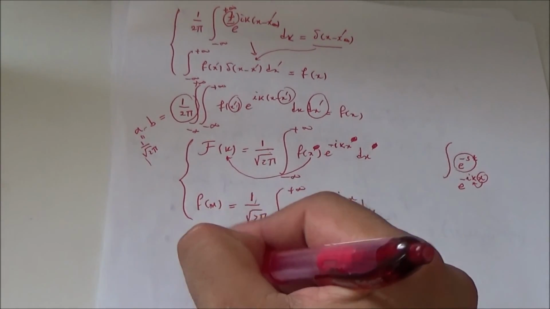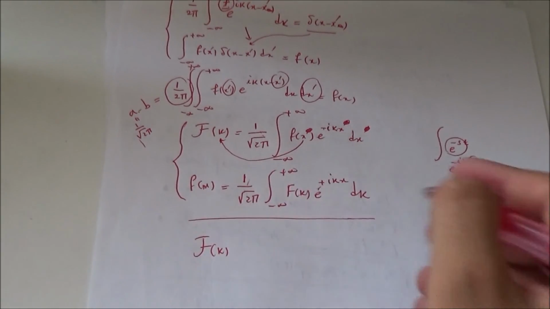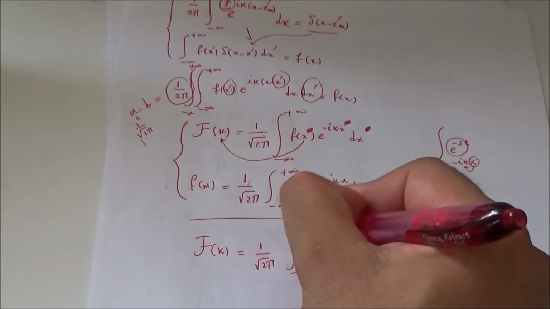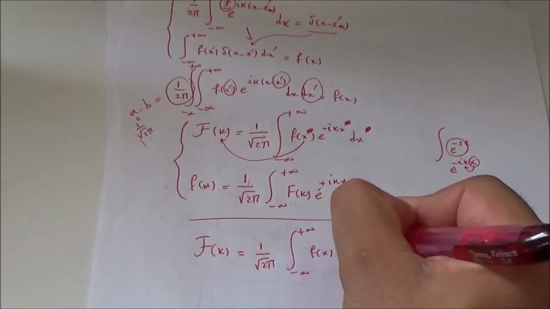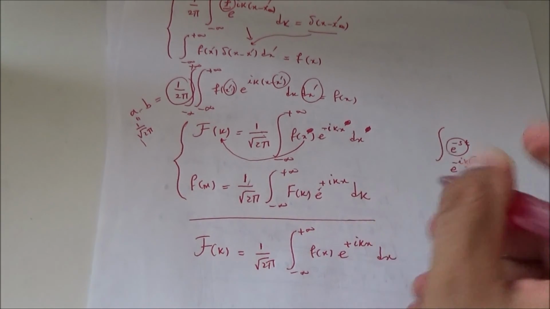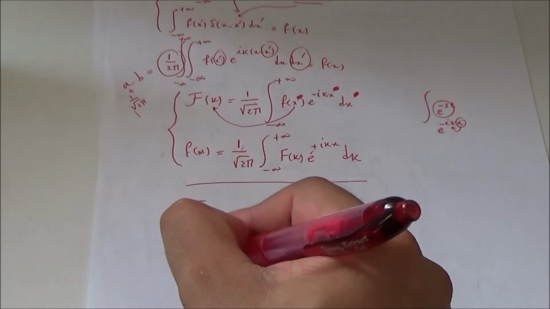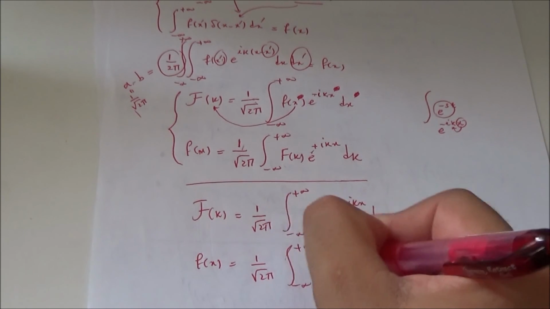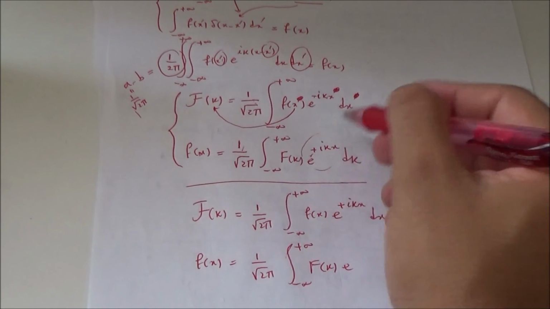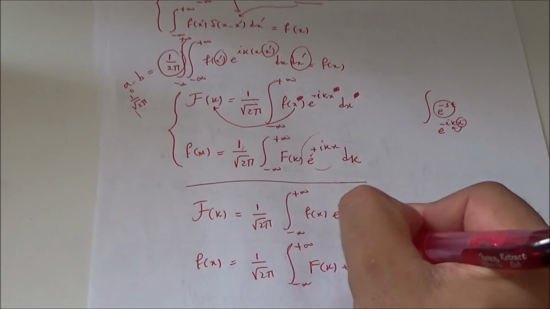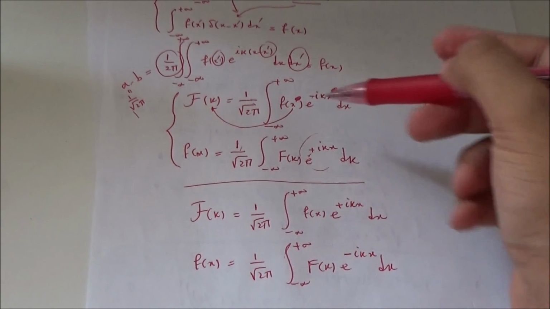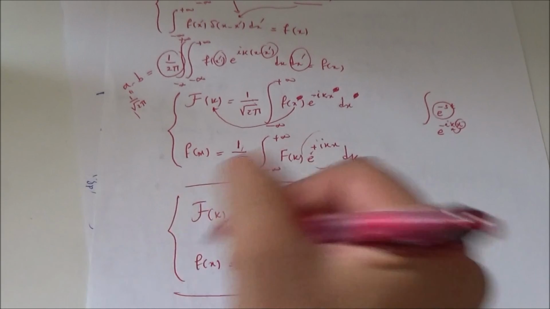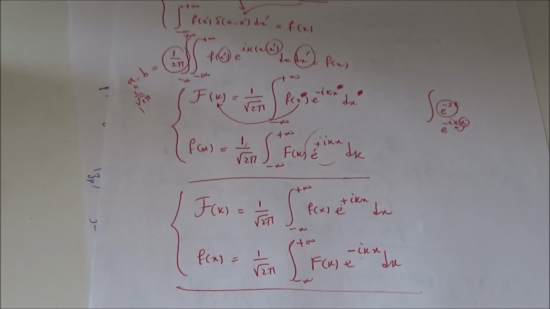Similarly, if we define the Fourier transform of the function f as 1 over square root of 2 pi times the integral from minus infinity to plus infinity of f of x times exponential of plus ikx dx, the inverse Fourier transformation will be the same, but now the kernel, the exponential, will change the sign. So here minus plus or plus minus. These can also be Fourier integral pairs.